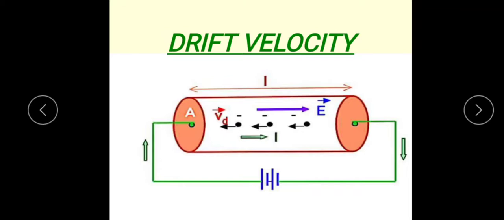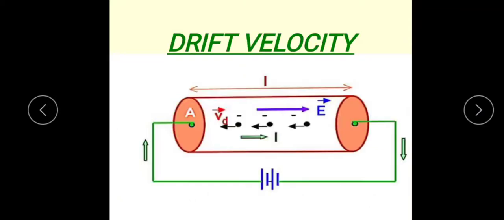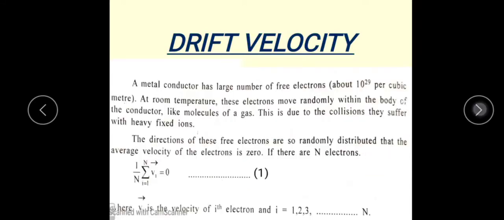There is an important derivation of the drift velocity, which is a 3-mark question in the annual examination. Let us consider a metal conductor that has a large number of free electrons, about 10 to the power 29 per cubic meter.